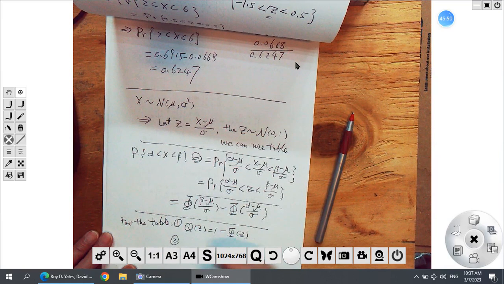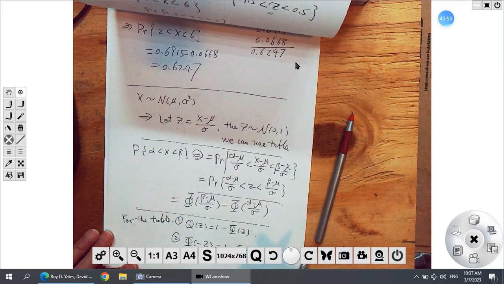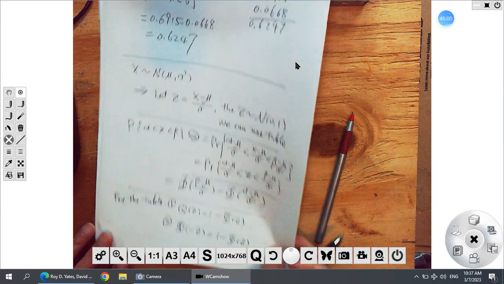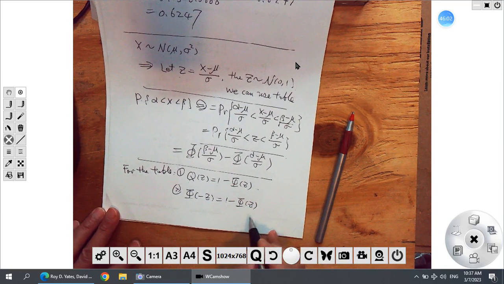Secondly, we know phi of negative z equals 1 minus phi of z. So if z is a negative value, you need to use this, because our table only contains positive z's. So for negative z, use this formula and you can find the value from the table.